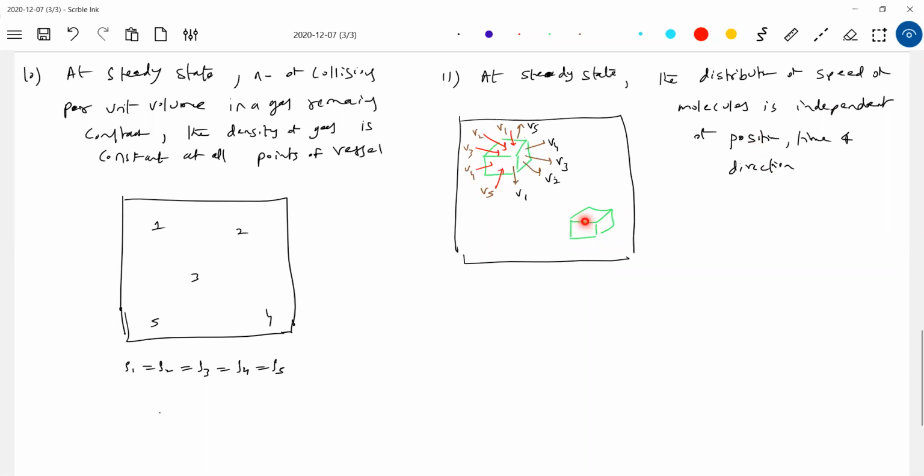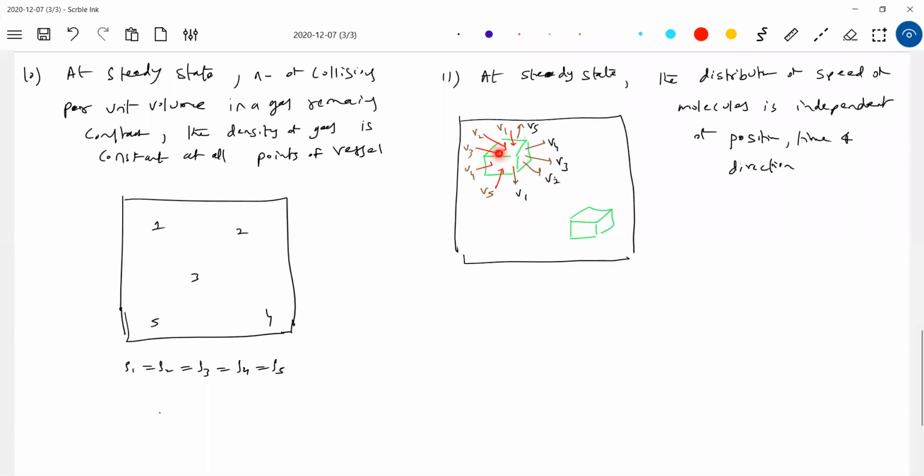Suppose if 5 molecules are entering a given elemental volume with different velocities, there should be another 5 molecules leaving that elemental volume with the different velocities like this. One molecule is entering with velocity V1, another molecule should leave with V1. A second molecule is entering with velocity V2, another should leave with V2.